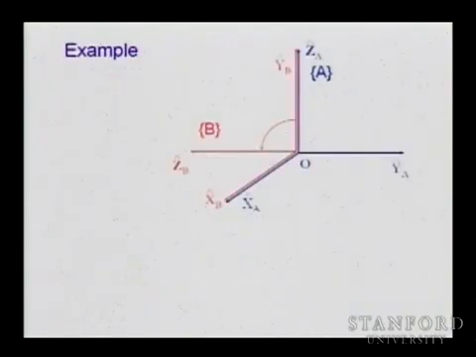Example. So can you compute the rotation? I think you have it. Don't look at your notes now for this example. Could you give me the first column of the rotation matrix from B to A? What is the first column going to be?